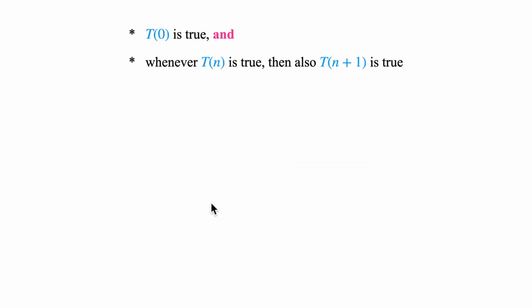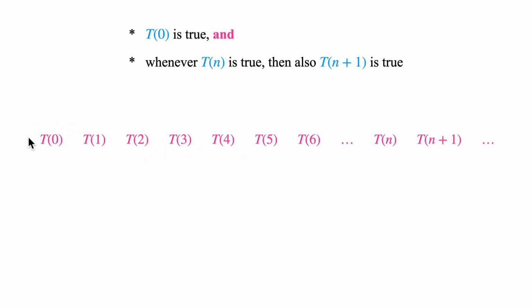And now, let's have a look why this principle is meaningful, why it seems sensible to us, or at least I hope so. What do we read here, and how can we see that these two conditions really guarantee that this statement will be true for each and every natural number? Well, let's write down T of 0, T of 1, and so on.